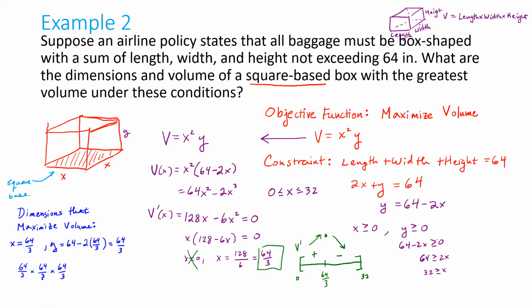Okay, and then multiplying length times width times height, we get something around 9,709 inches cubed. So that would be our maximum volume, and these are the dimensions that maximize our volume.